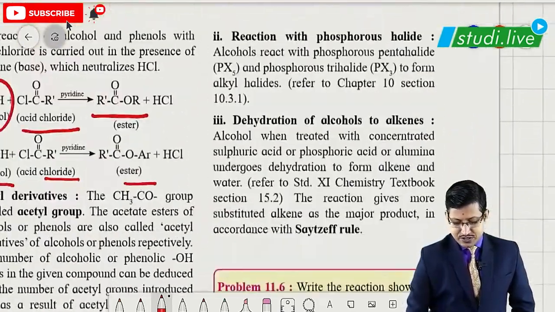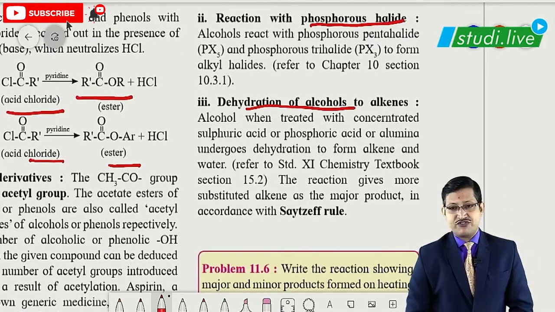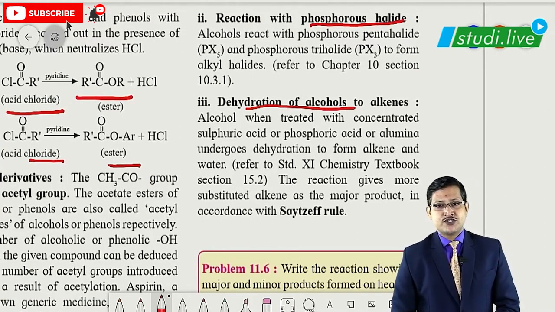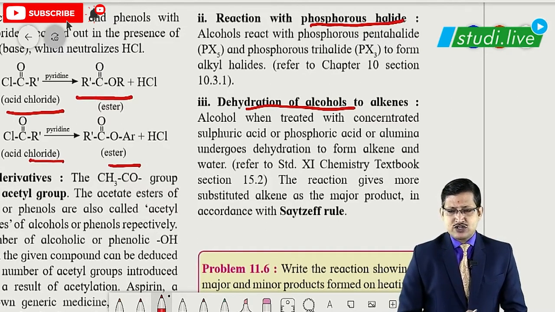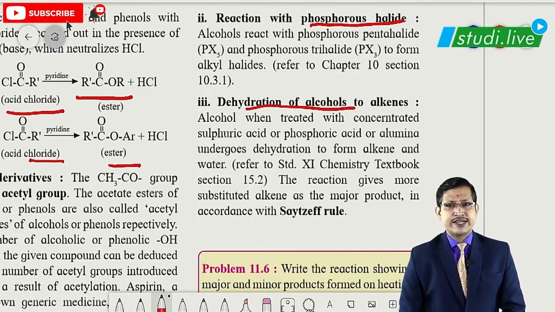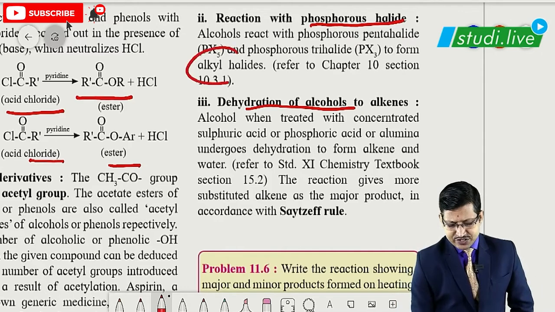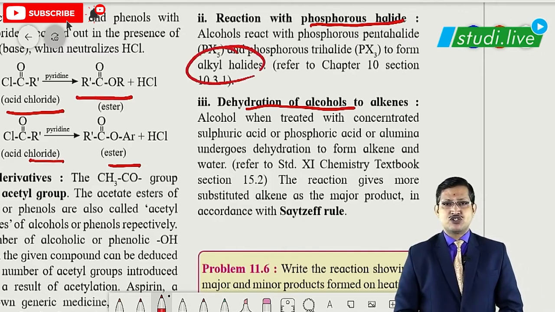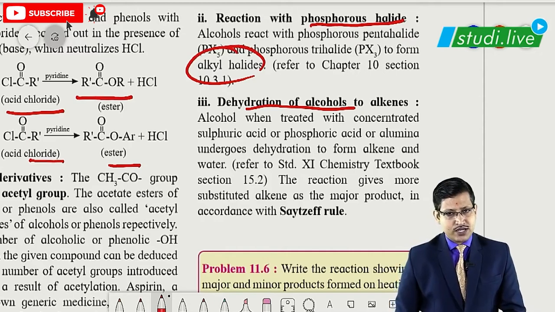The next reactions are the reaction with phosphorus halide and dehydration of alcohols. The reaction with phosphorus halide is the same one we did in halogen derivatives, wherein alcohol reacts with phosphorus trihalides or phosphorus pentahalides. And what does it give you? Yes, it gives alkyl halides.